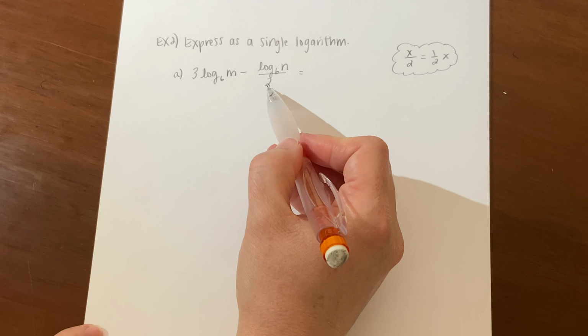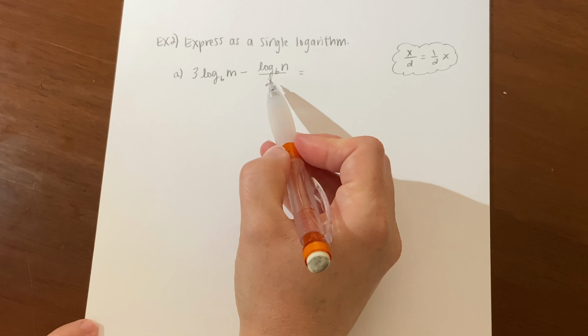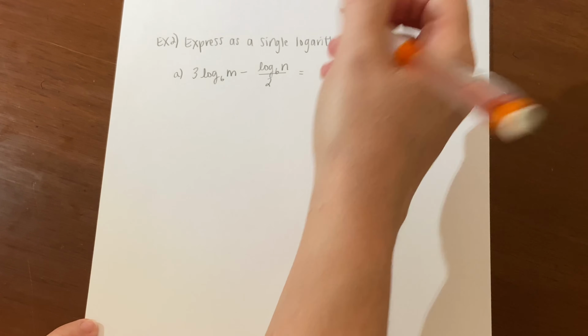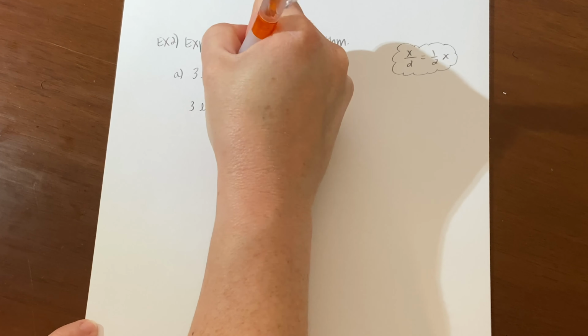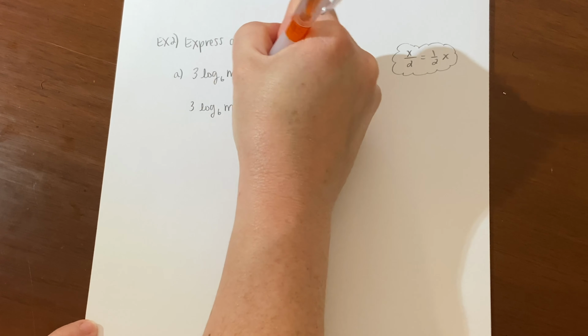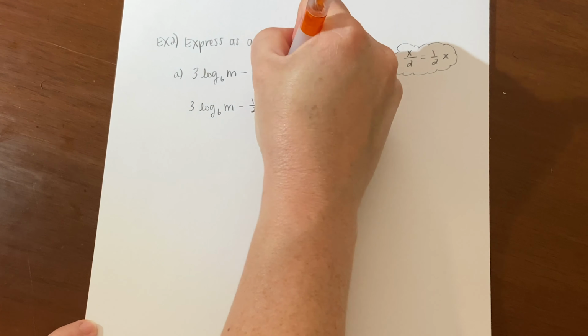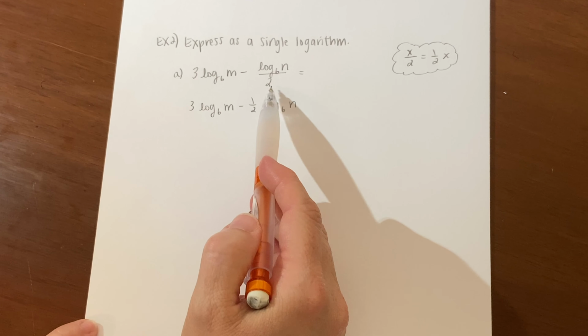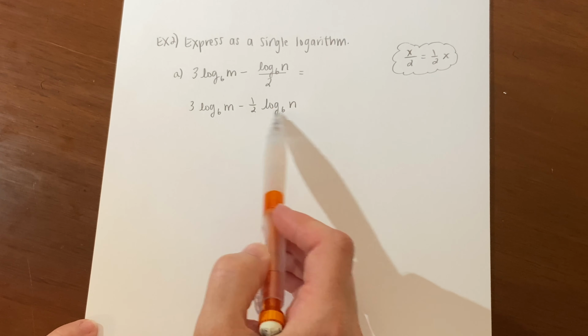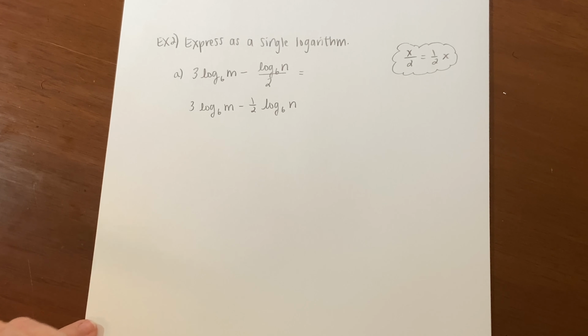That's what's happening here. So keeping that in mind, I'm going to rewrite this second part. So we have 3 log base 6 of m minus 1/2 log base 6 of n. So instead of writing it over 2, I multiplied it by 1/2. It's the same thing. Okay?